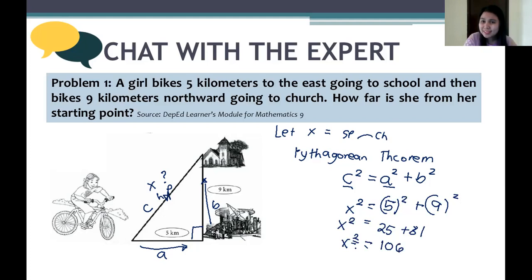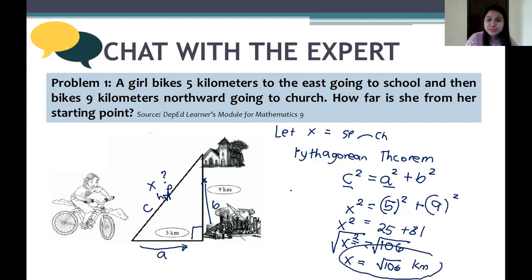How do we get the square? We find the square root. Remember in chapter 1? Square root of the left and square root of the right. So the value of our x is approximately square root of 106 kilometers. Any questions? You need to memorize this one. C squared equals A squared plus B squared. It's very important.